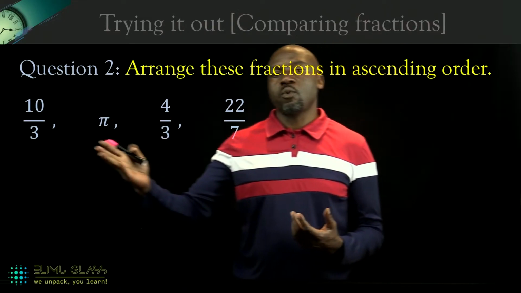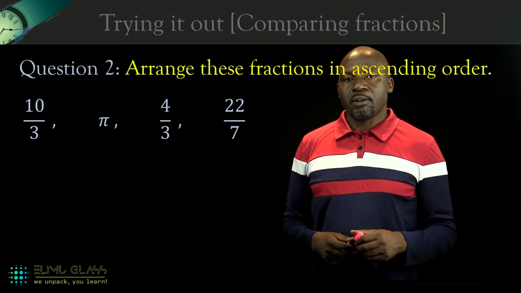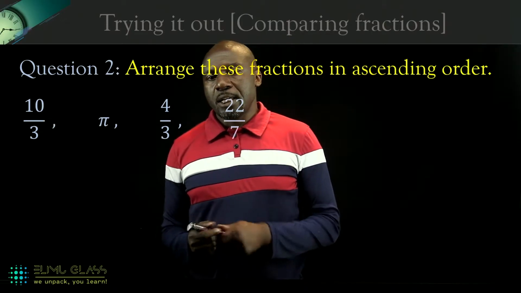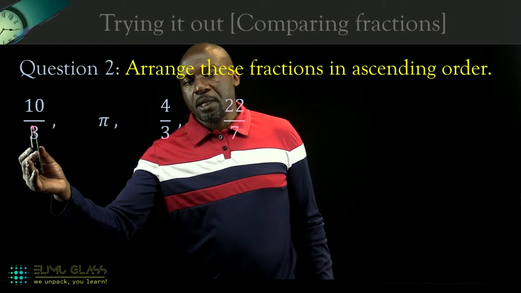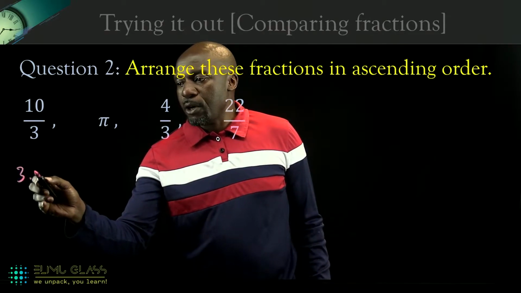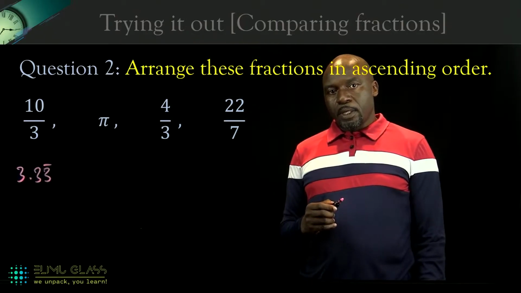So that means the best way is to try to write these numbers in decimal, maybe to the third or the fourth decimal place. So what is 10 divided by 3? If we divide 10 by 3, you should be able to see that we will get, I think, 3.33 recurring. Okay.